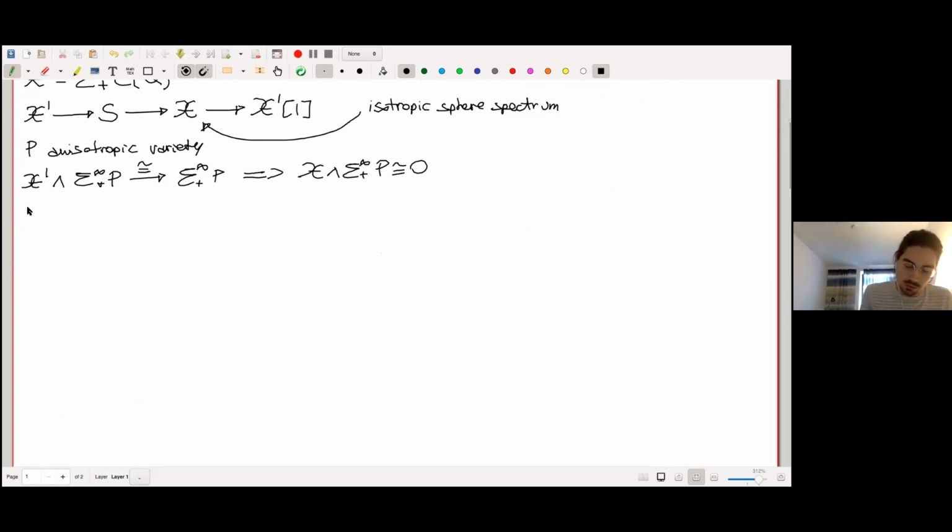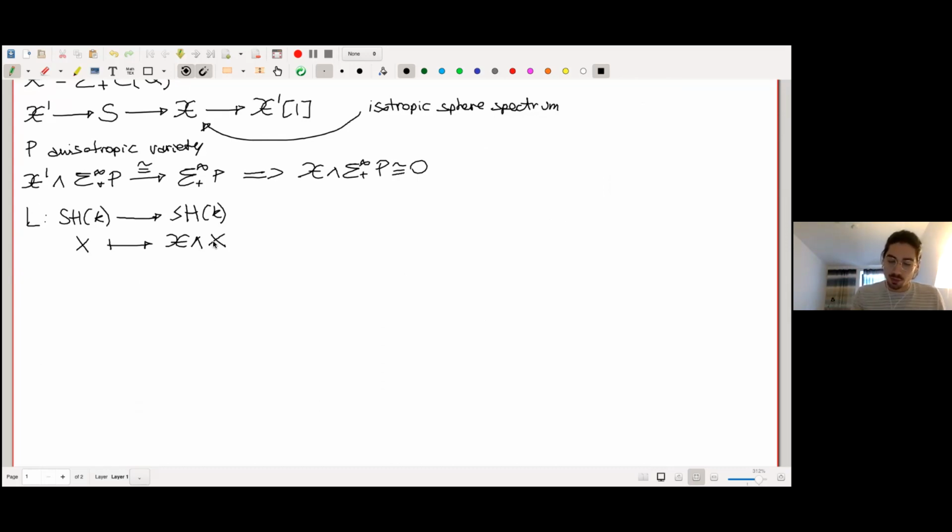So now we can consider a functor L from the usual stable motivic homotopy category to itself, which is defined on an object by smashing with this isotropic sphere spectrum, and clearly on morphisms it is smashing with the identity on the isotropic sphere spectrum.